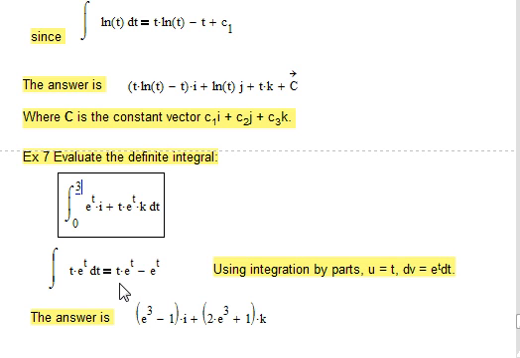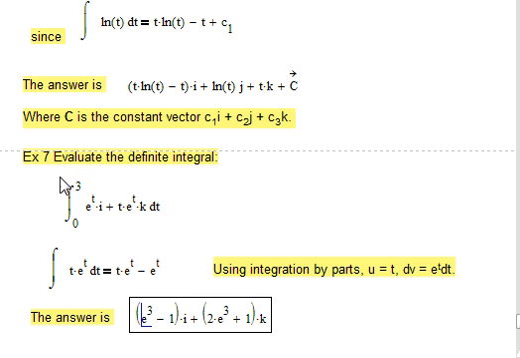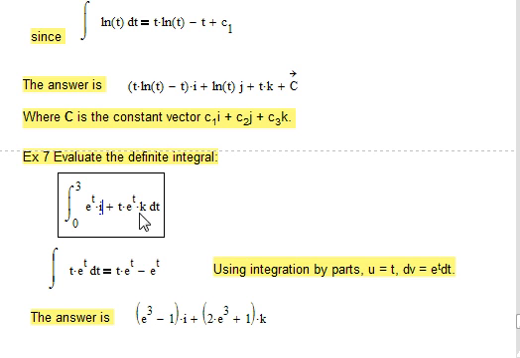So when I evaluate, when I put in 3, this is e to the third, and when I put in 0, minus 1 times i, so there's that part. That part was the easy part.